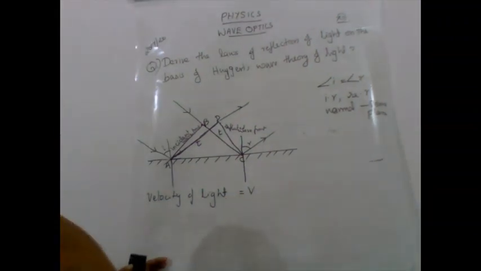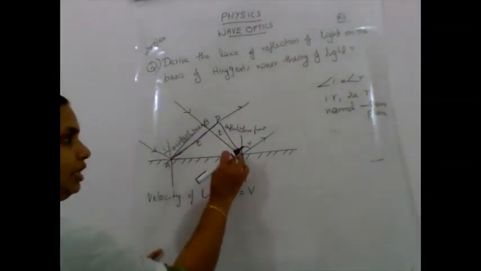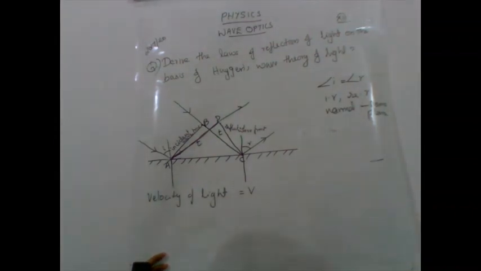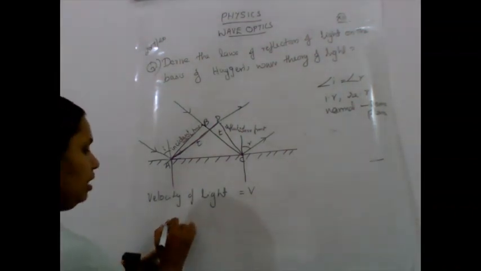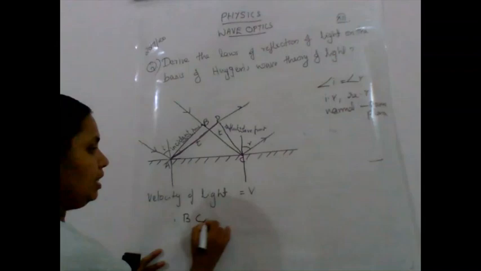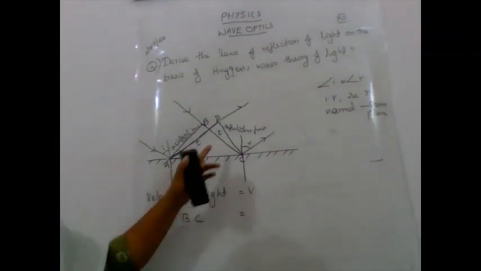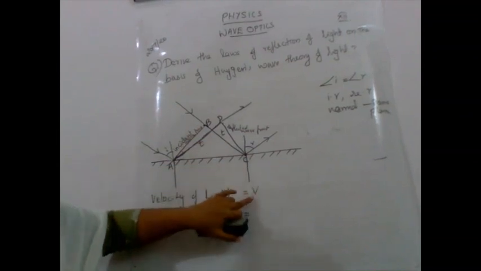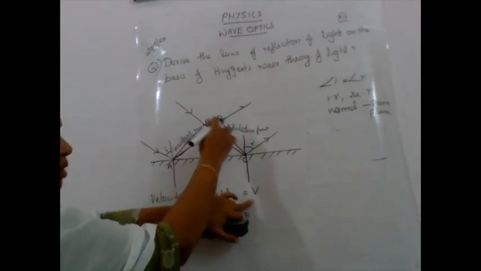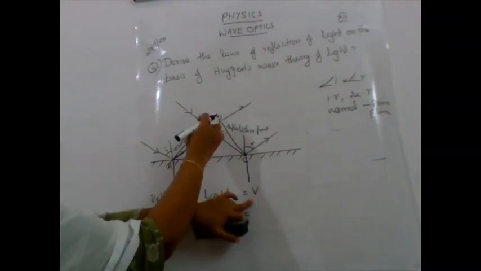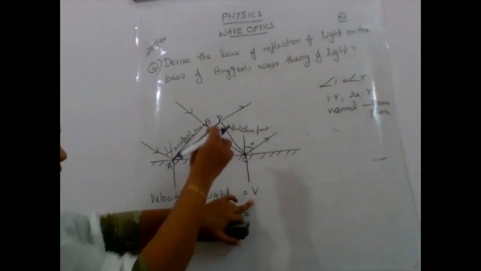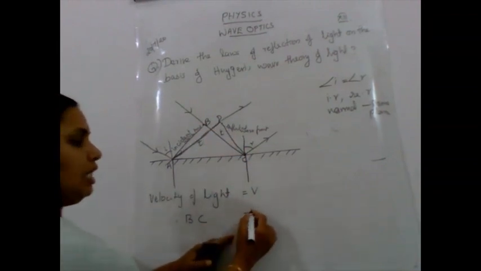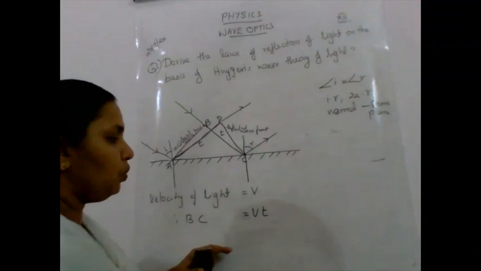So what is the distance BC? What will be the distance BC? The wave is propagating with the velocity V, and the time taken by the wavefront to reach from B to C is T. Therefore, the distance BC is equal to velocity into time, VT.